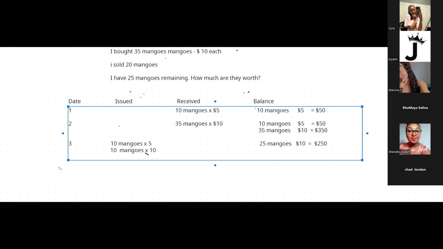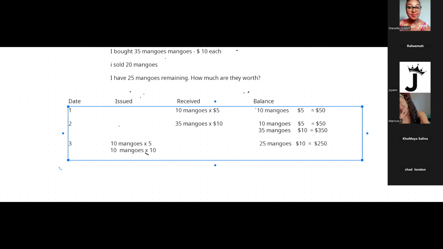So if I use LIFO, the value of my stock would have been 50 plus 150, which is 200. So that changed the value. That's how you value goods using FIFO and LIFO. When it's FIFO, the first set of goods to come in is the first set of goods to go out. When it's LIFO, the last set of goods to come in is the first set of goods to go out.